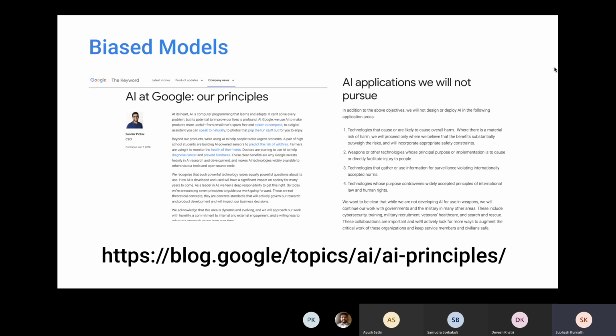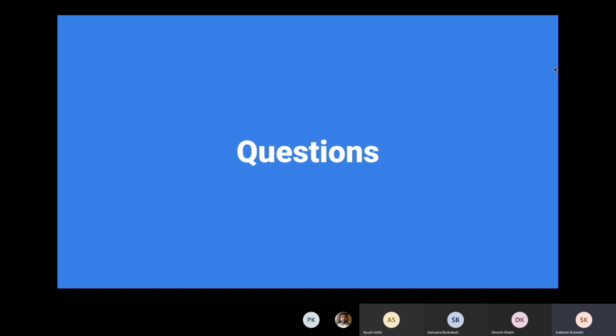So these are the recent events related to the ethical use of AI and computer vision related systems.